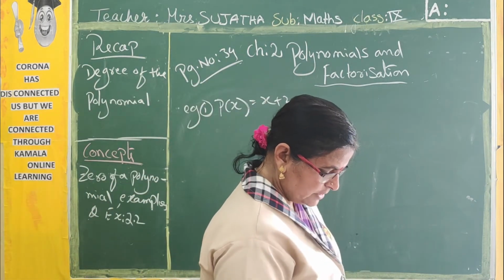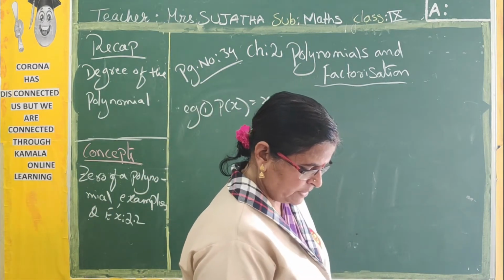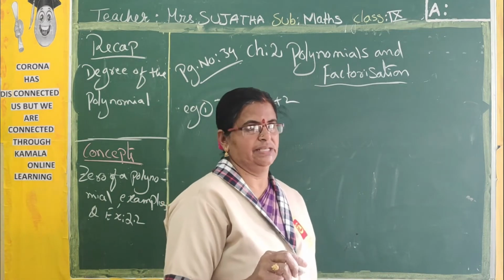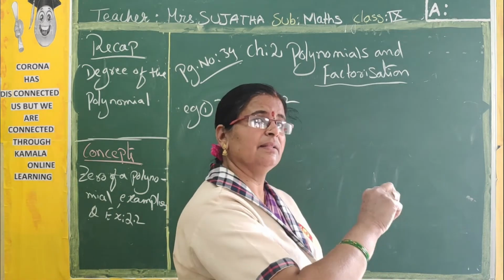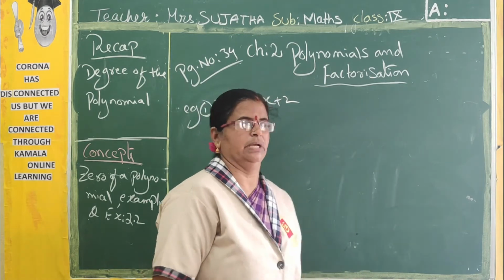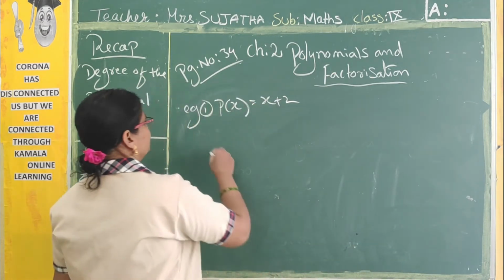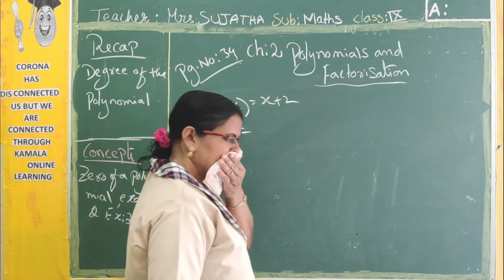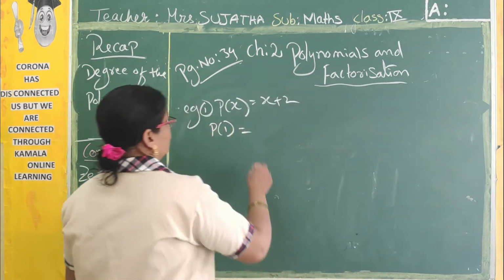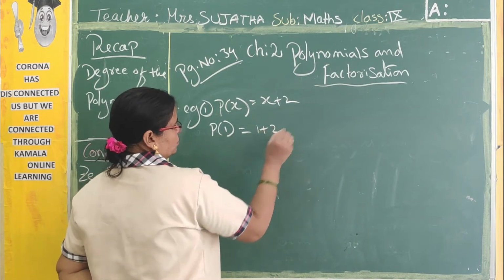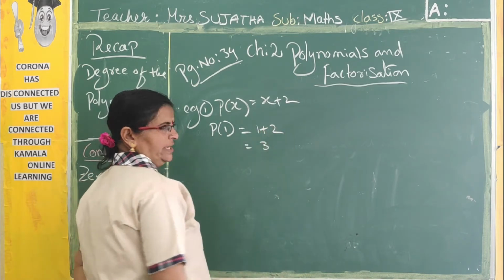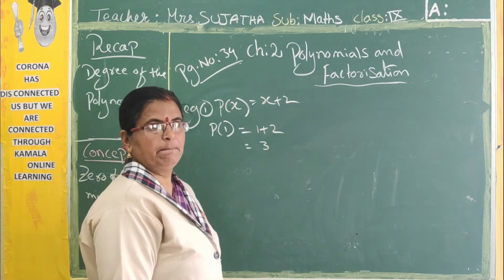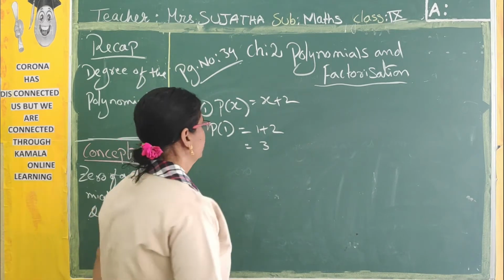Then, wherever you get 0, that value is the zero of the polynomial. See, for example, first we will find P of 1. 1 plus 2 is 3.